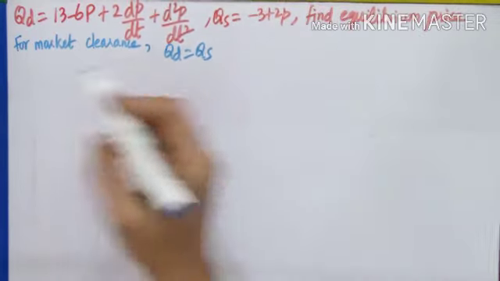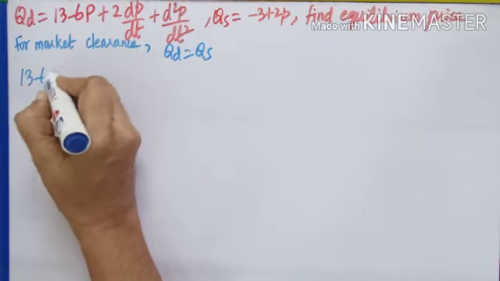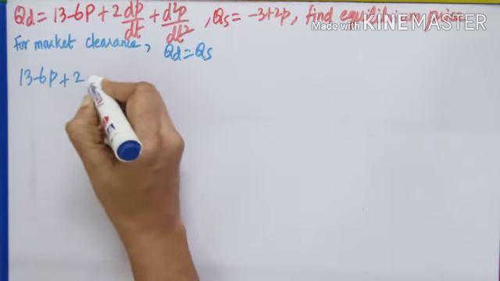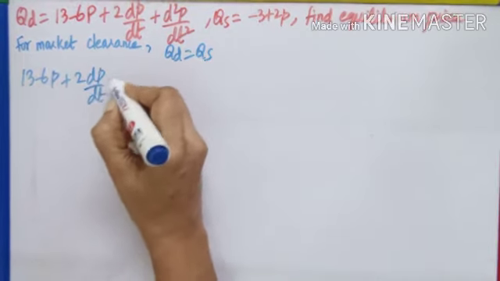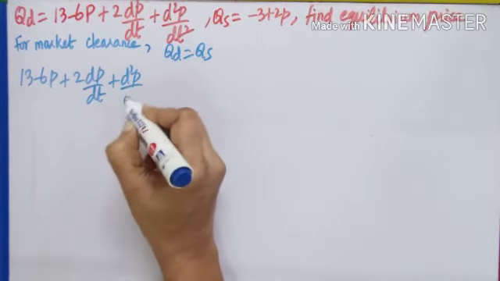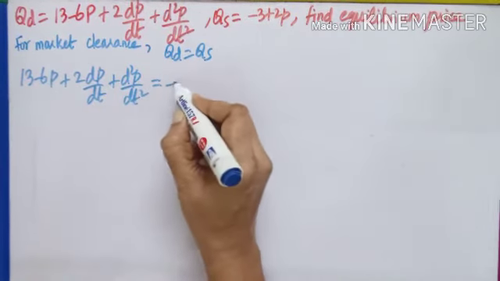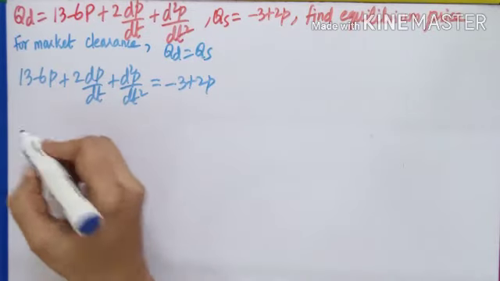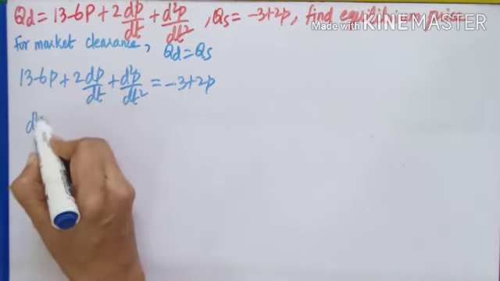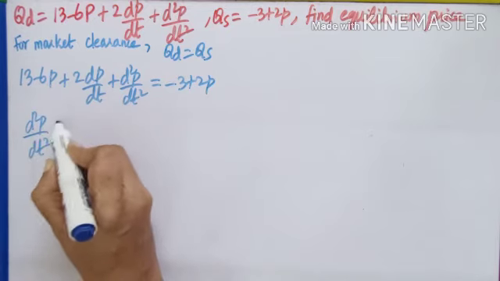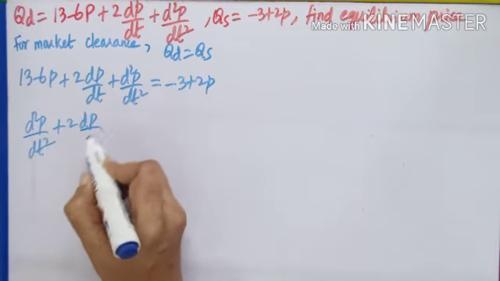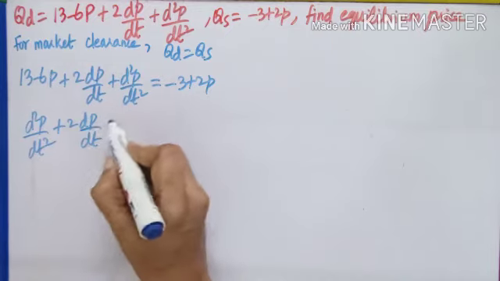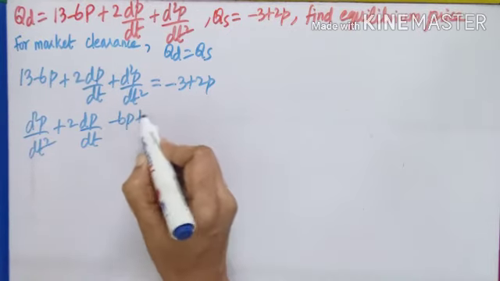Let us equate: 13 − 6p + 2 dp/dt + d²p/dt² equals −3 + 2p. Bringing everything to the same side, let us rewrite the function d²p/dt² + 2 dp/dt − 6p + 13.